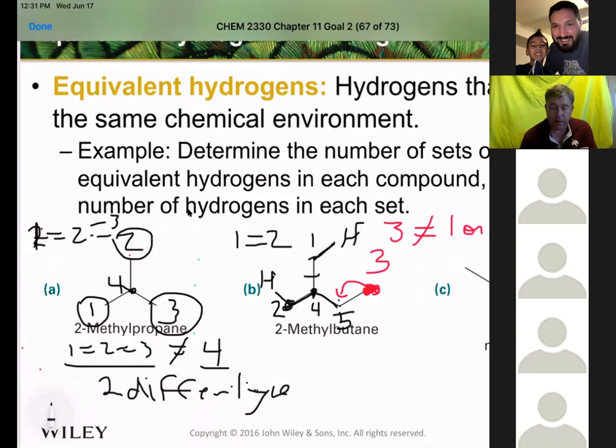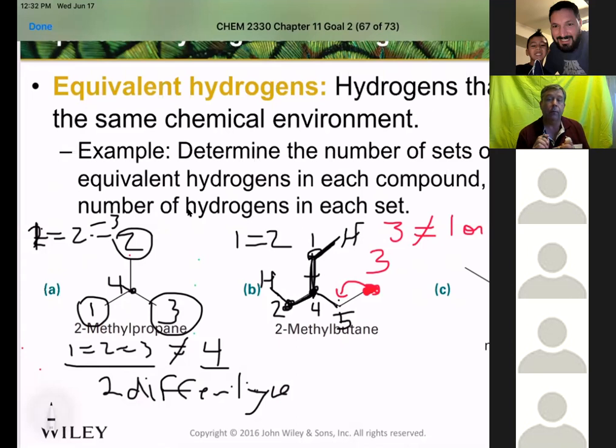And so if we look at the connection, this hydrogen is bonded to this carbon through carbon number 1. This hydrogen is bonded to the same number 4 carbon through carbon number 2. So if we look at this, you think about equivalency as having the same connections going through approximately 3 bonds.